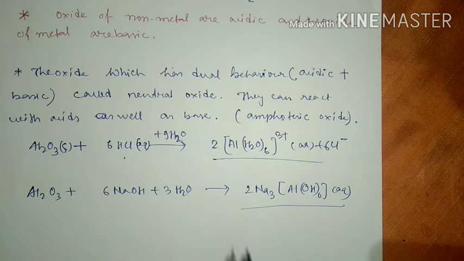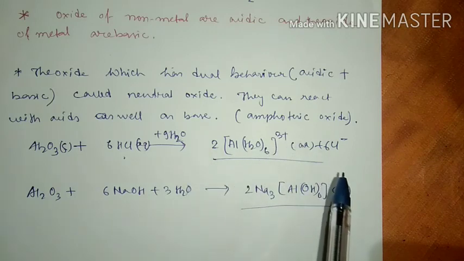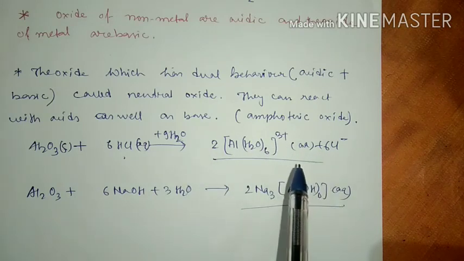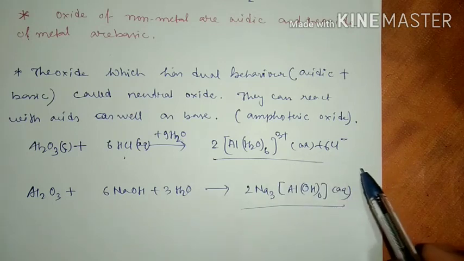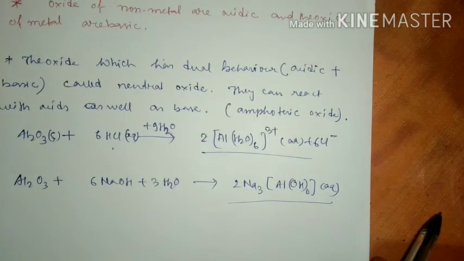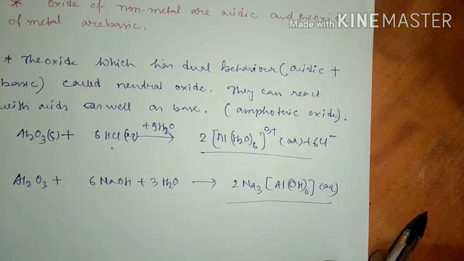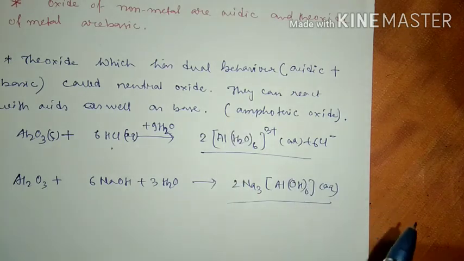That's why you can say the oxide which can react with acid as well as base is known as neutral or amphoteric oxide. Why is it called a neutral oxide? Because after the reaction, the product which is formed is neither acidic nor basic. That's why it is known as neutral oxide.